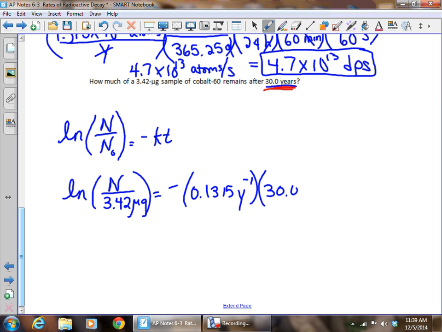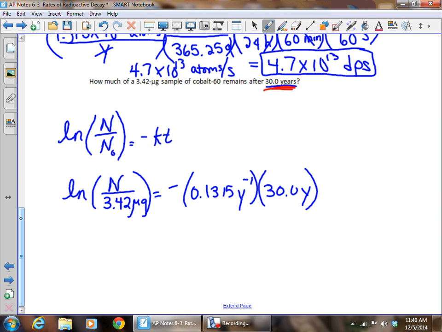Now be careful if these don't match, reciprocal years to years or reciprocal days to days, etc., then we're going to have to make sure to convert that time to the correct time. Okay, so what we have now is a situation where we need to get rid of ln. We need to get rid of that natural log.